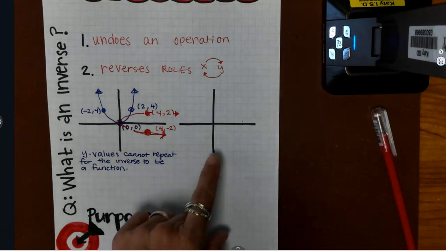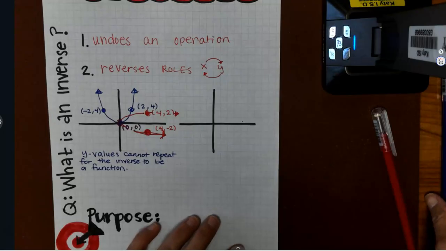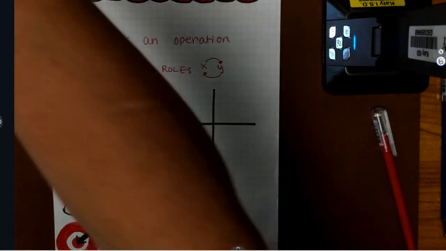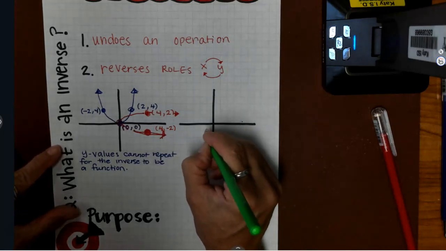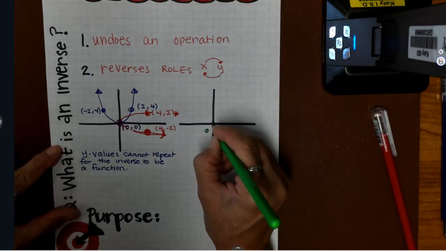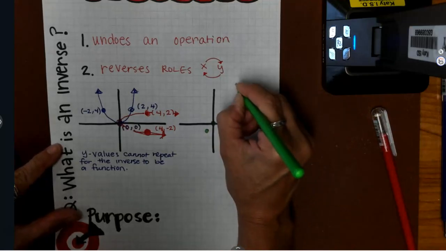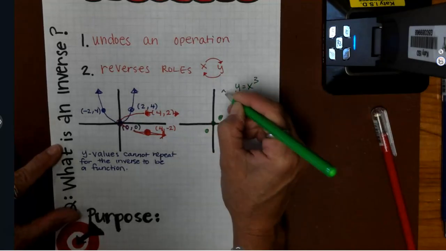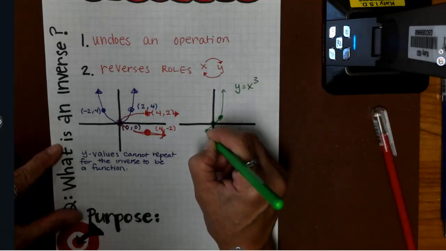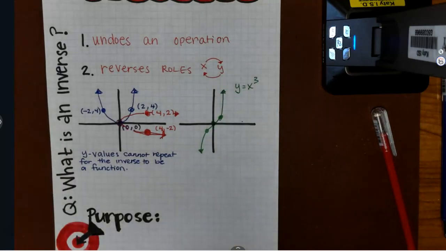Let's talk about what will make a function. Let's go ahead and draw our buddy, the cubic function. So the cubic function, negative 1, 0, positive 1, positive 1. So this is y equals x to the third. You all know how this goes. It's kind of got a little bit of a swirl right there at the origin.